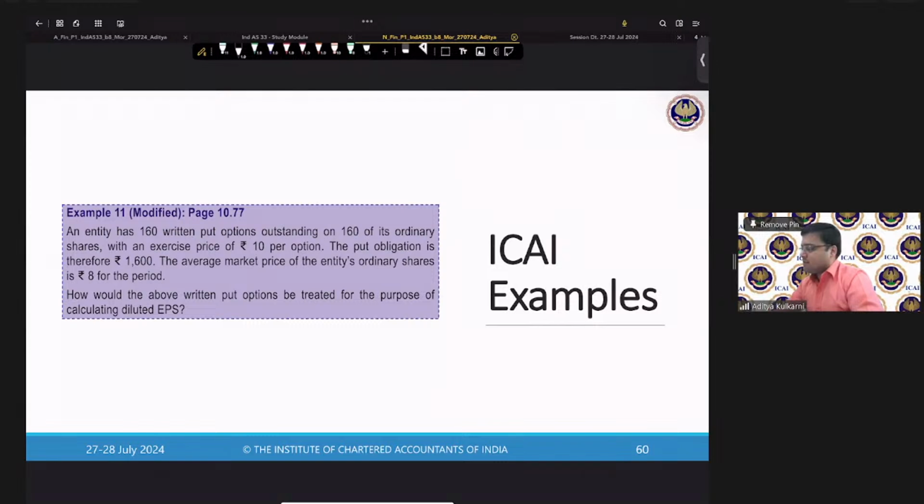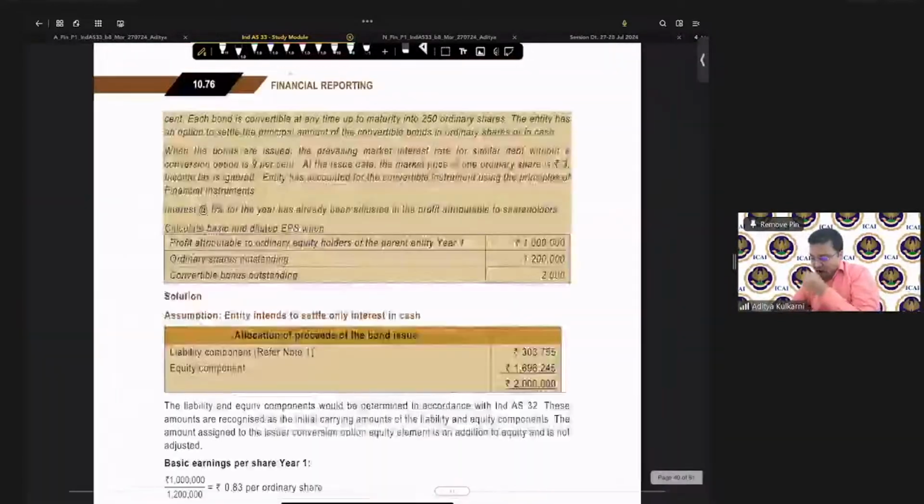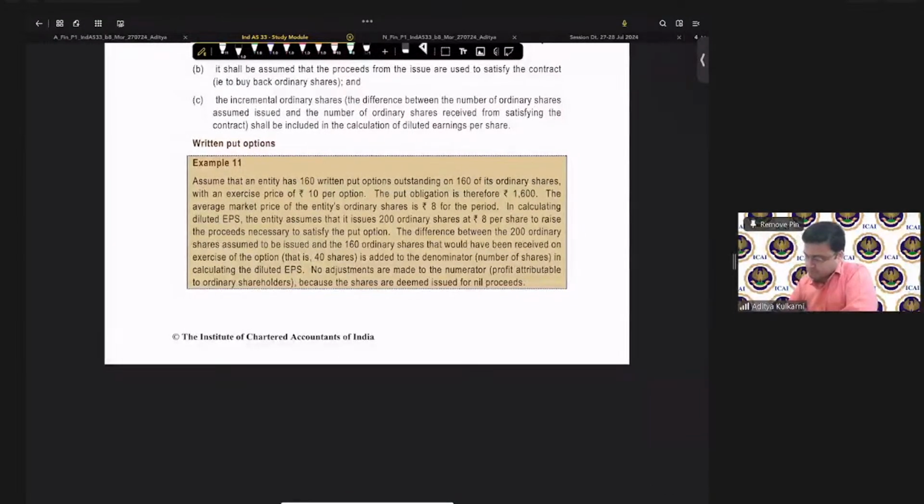Okay. Next, we have a small concept. So there is another concept of written put options.